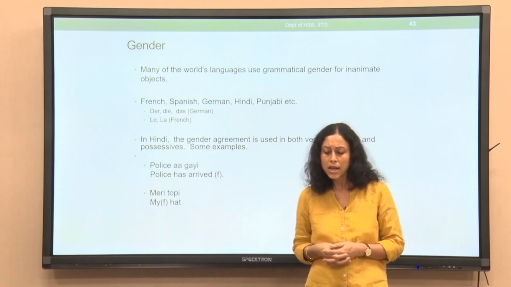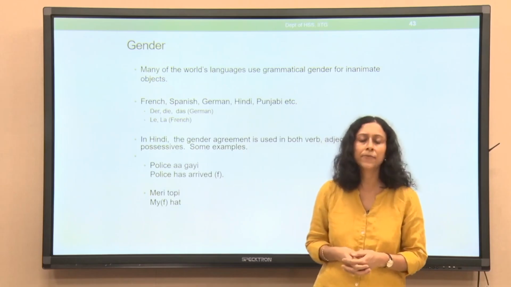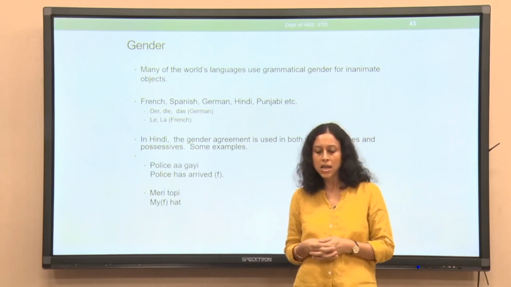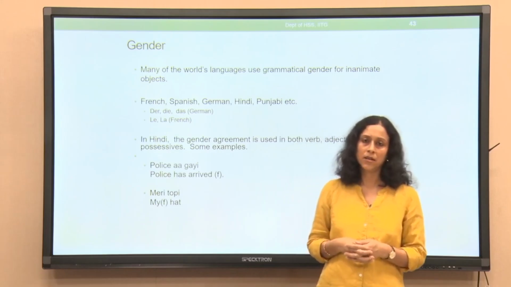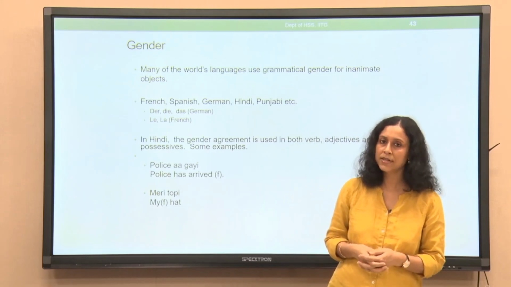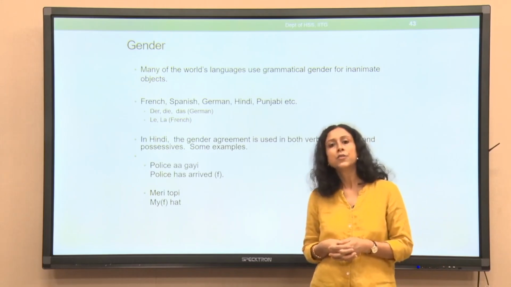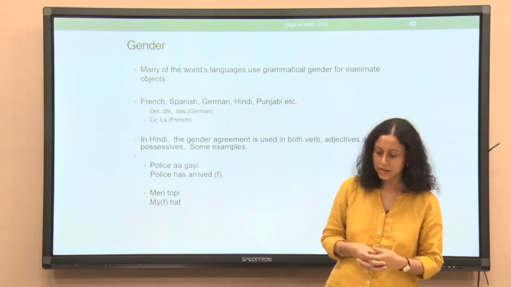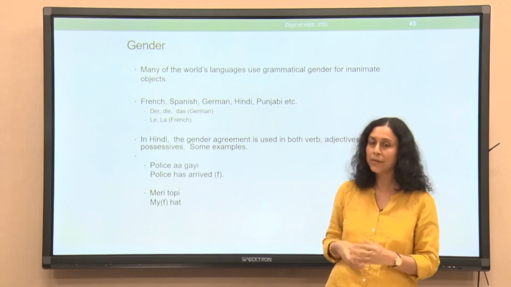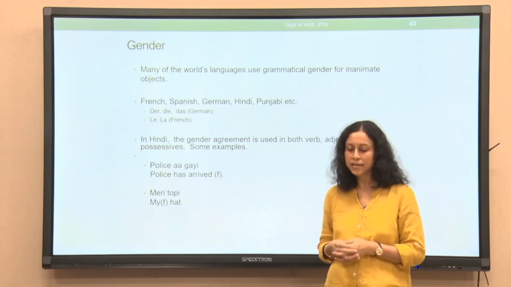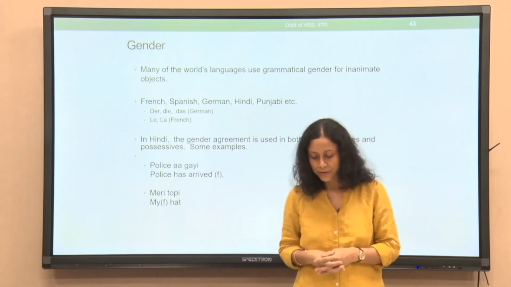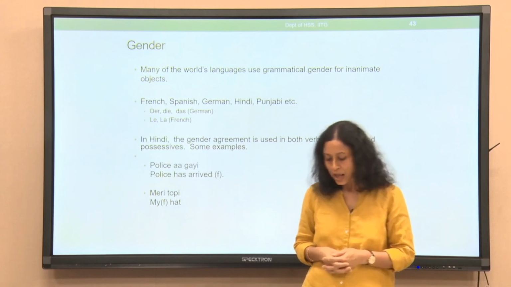For example, in German you have this three-way differentiation between der, die and das in terms of what we call determiners, like the in English. If it is the book, the car and so on, the determiner in German changes depending on the noun to which it is prefixed. That is how you see das Auto.